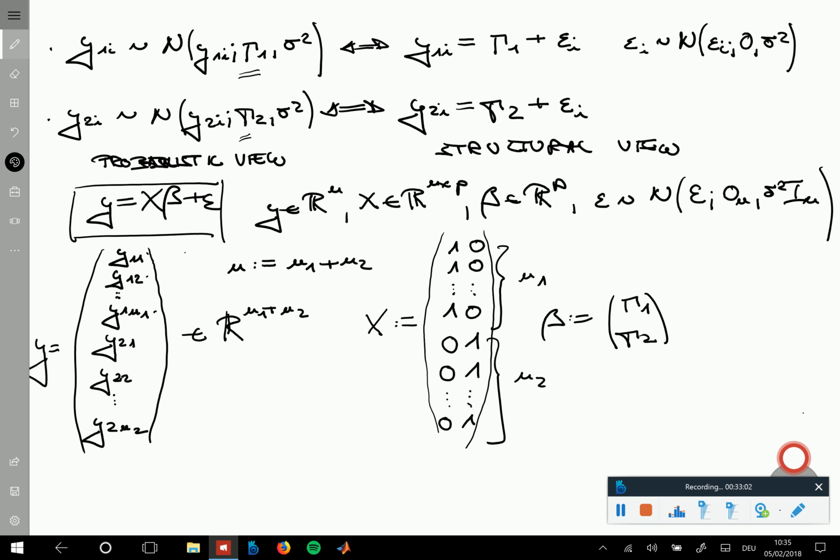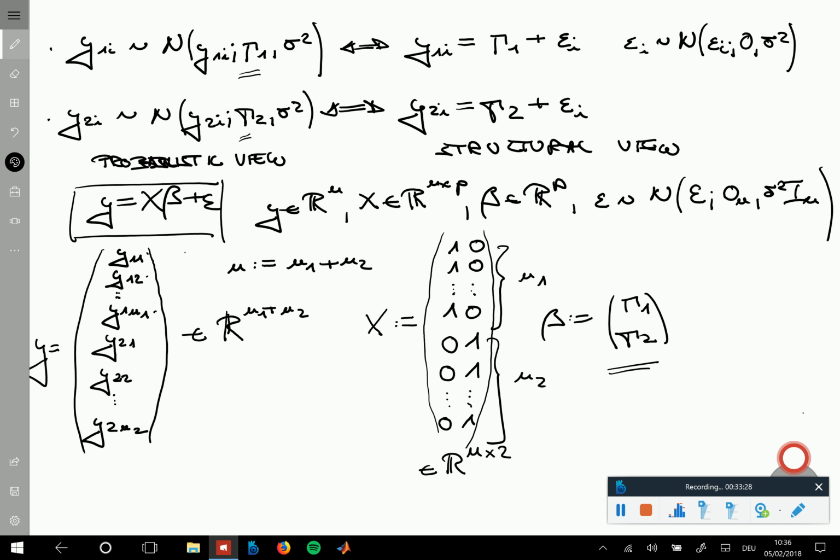The design matrix has n1 plus n2, or n, rows, and it has 2 columns because we have 2 parameters, mu1 and mu2.